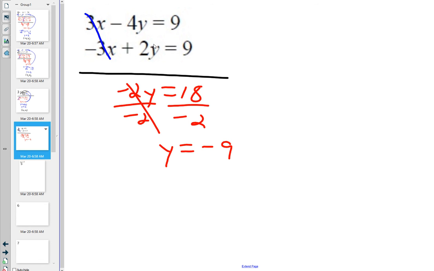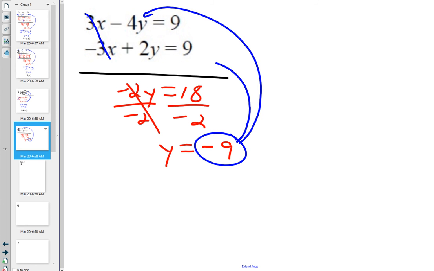So now, can I get the negative 9 and plug it in for either of the y's? It doesn't matter which one. We'll just assume that you pick the top one. So 3x minus 4 times negative 9 is equal to 9.